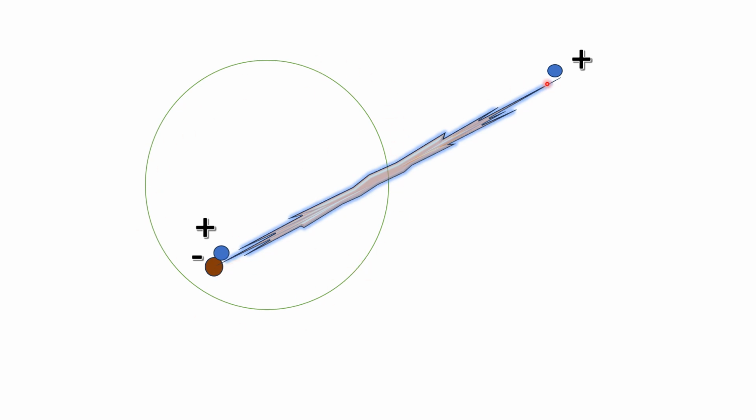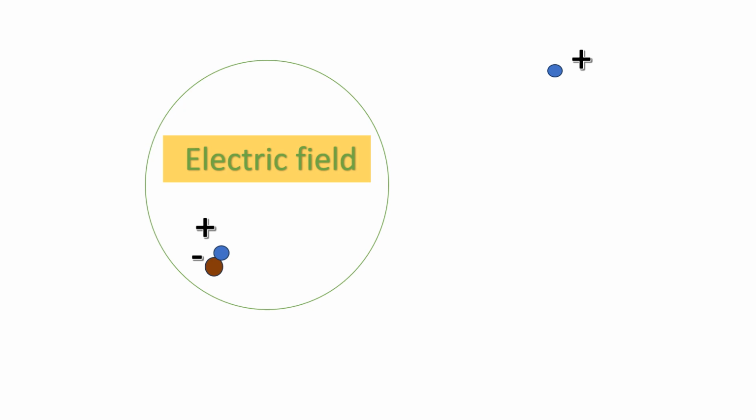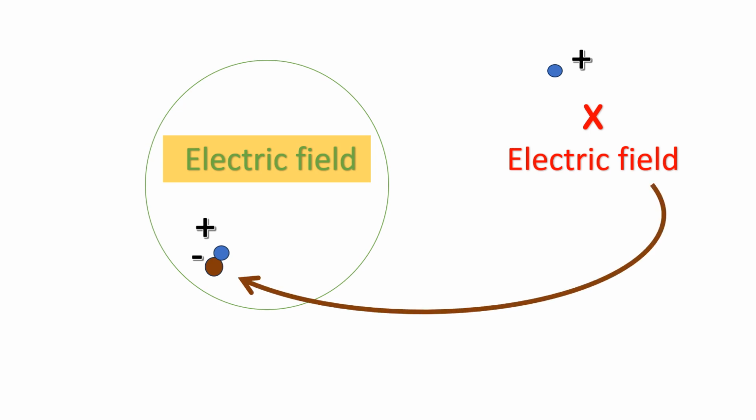It is far away from it. The electron does not have so much energy that it will pull it. So this is out of the electric field and this was inside the electric field, so it has pulled it. So this is called an electric field, and that charged particle is not in the electric field of this electron.